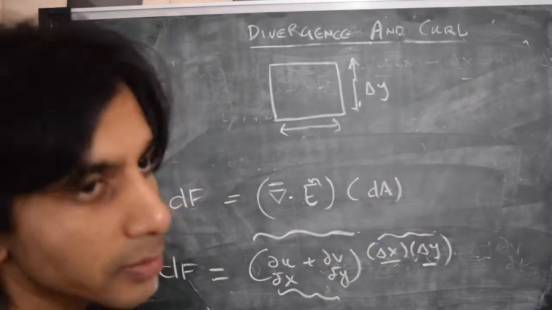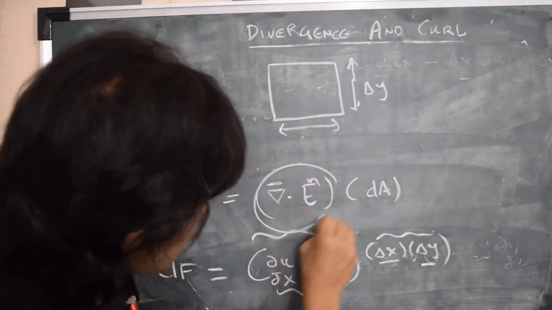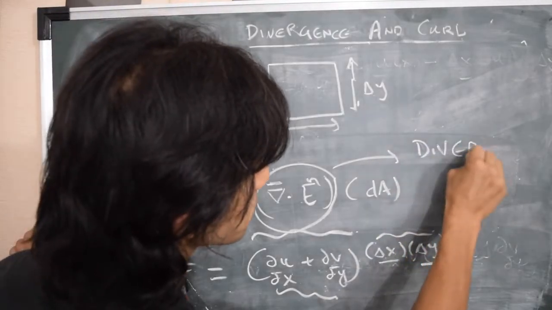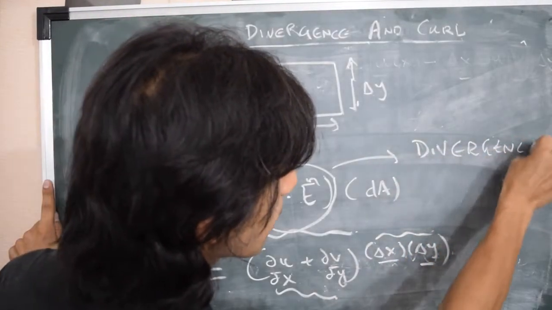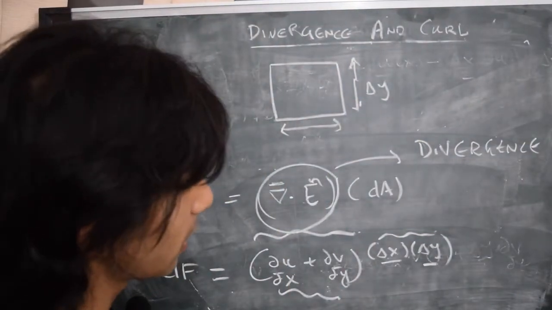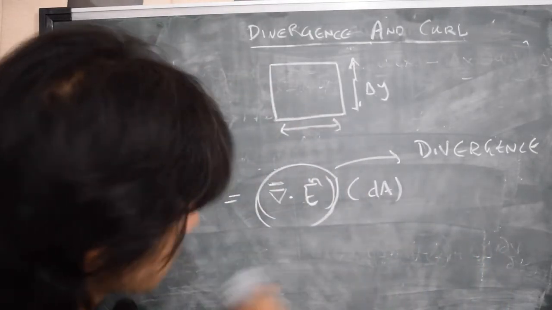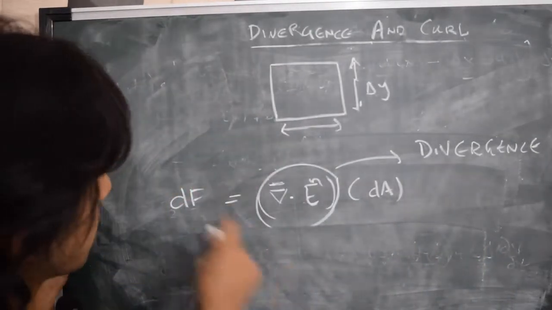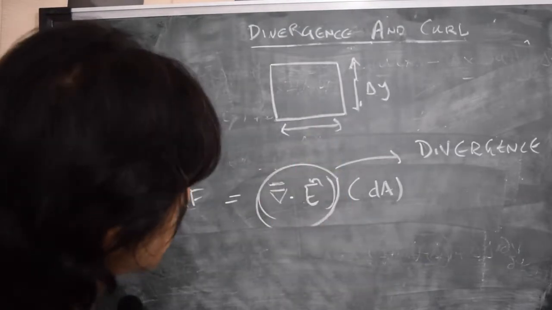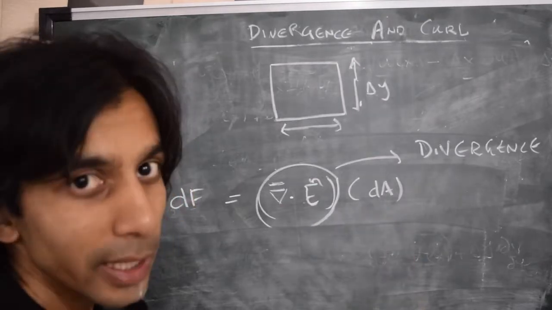And if you've done some vector calculus before, then this component del dot E is called the divergence of a vector field, and hence the title of this particular video. This is an interesting result, because it tells us that the infinitesimal flux through a small loop in the two-dimensional plane is nothing but the divergence of the vector field times the area of the loop.